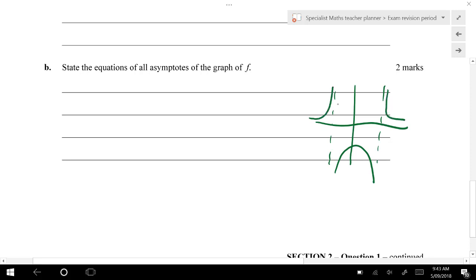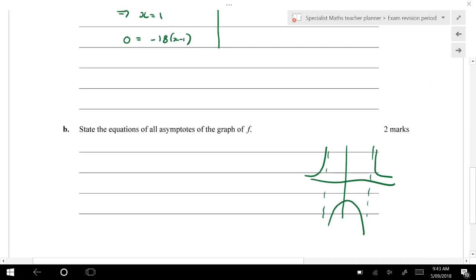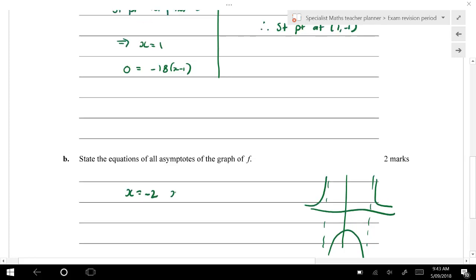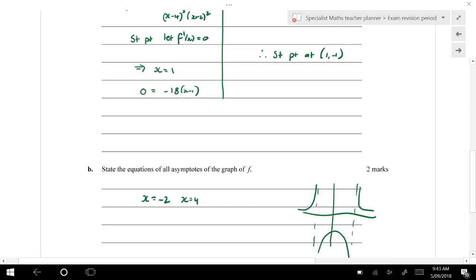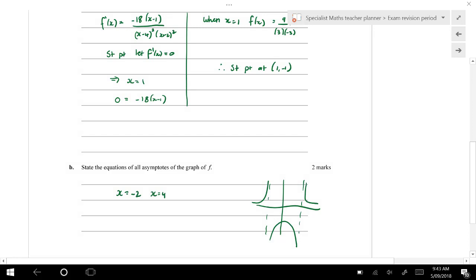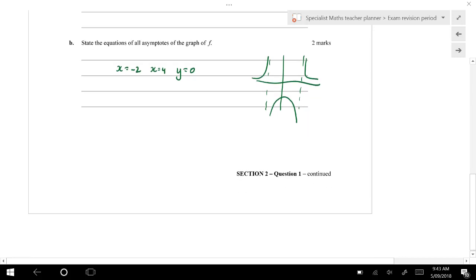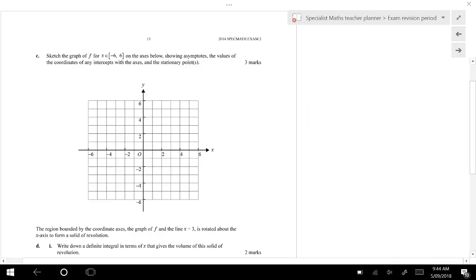Now there are 2 asymptotes there, and no working required here: x is equal to minus 2 and x is equal to 4. Obviously that is required, but we're missing an asymptote. A lot of students will probably forget that we've also got an asymptote of y equals 0. Okay, so there you go. There's your 3 marks. Don't go do anything more. There's really no need to. You don't need to show any working for that.